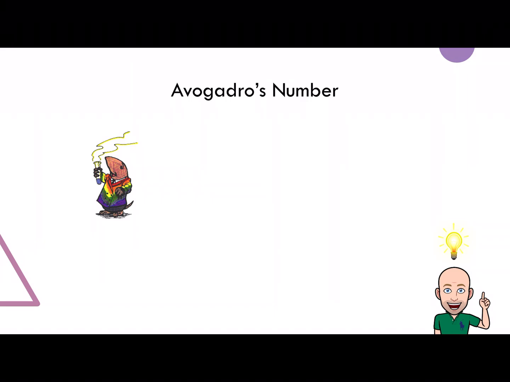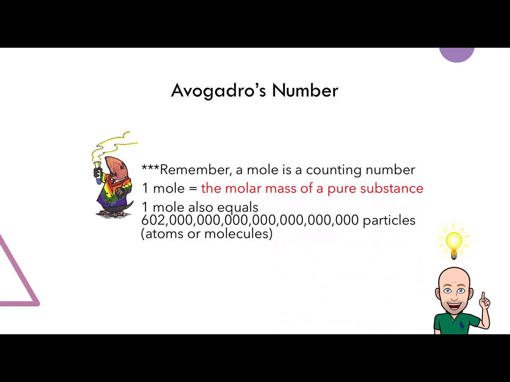Avogadro's number, if you don't remember because we haven't talked about it 27 zillion times a day, every day, is the molar mass of a pure substance, and it is 602 sextillion atoms or molecules.